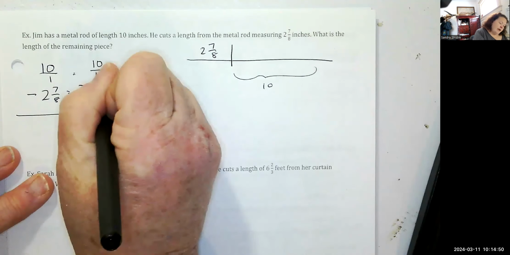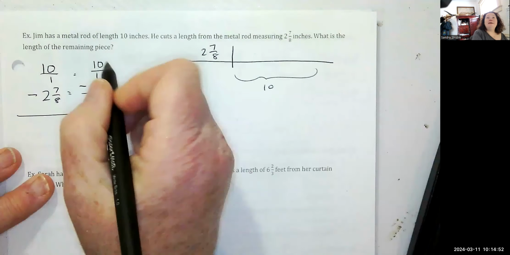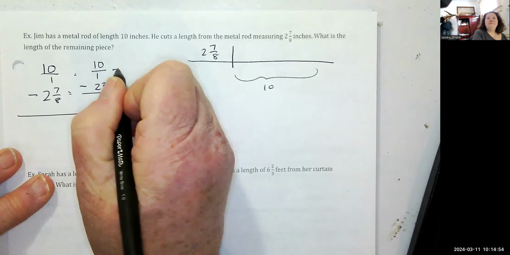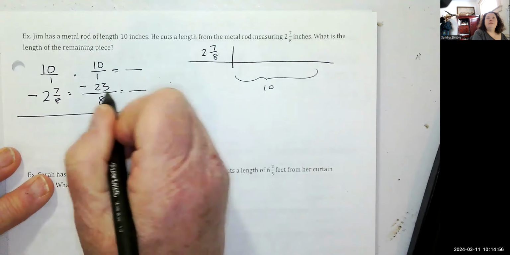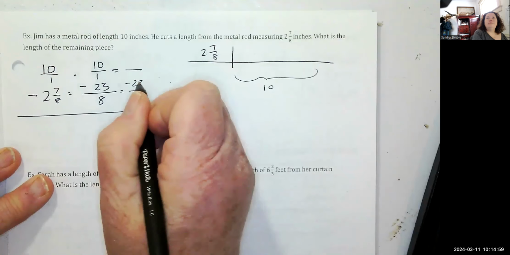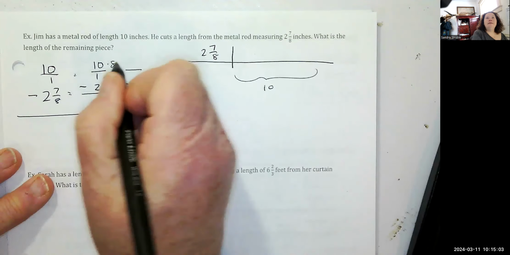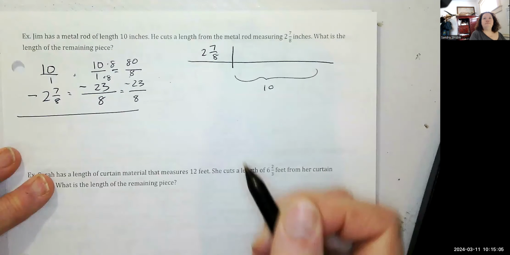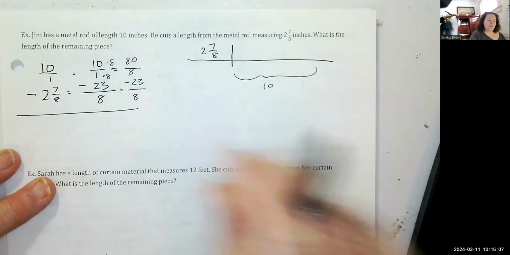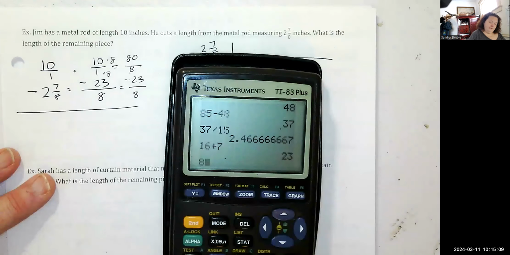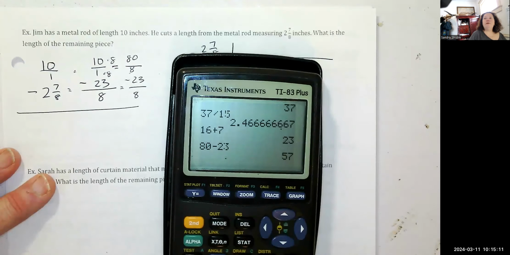Negative 23 over 8. Common denominator here is going to be 8. So that's easy enough. This one we don't even have to change. This one we have to multiply by 8. 10 times 8 is 80 over 8. 80 minus 23 is 57.